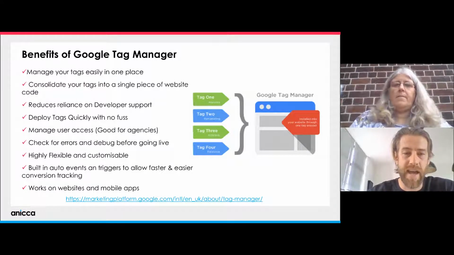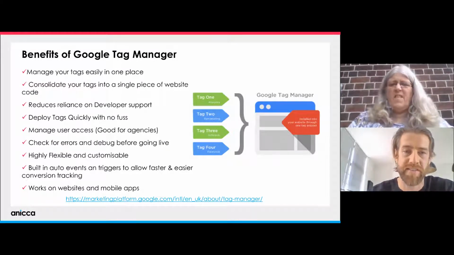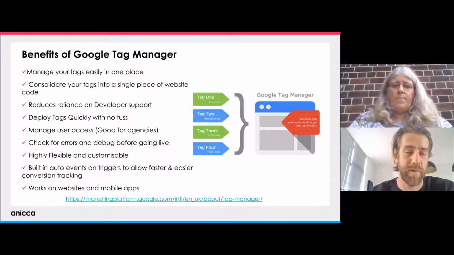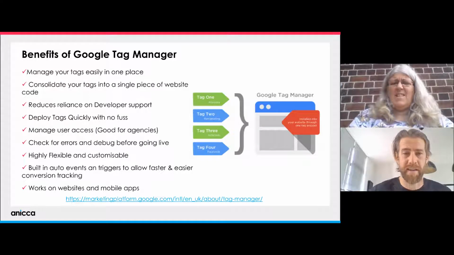And it has a whole load of built-in auto events and triggers to enable you to set up your conversion tracking faster and easier. And those built-in auto events are something we're going to cover in the remaining part of this webinar. It does work on websites and mobile apps, just to make that clear as well.